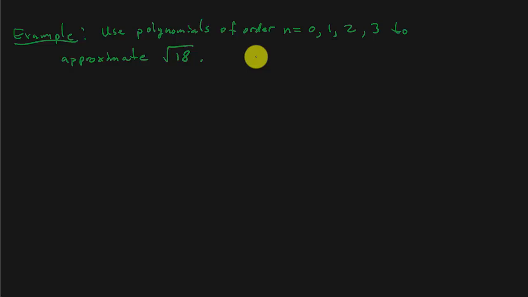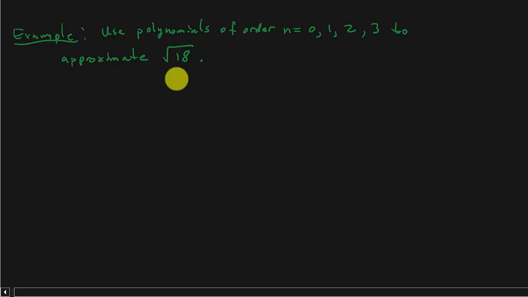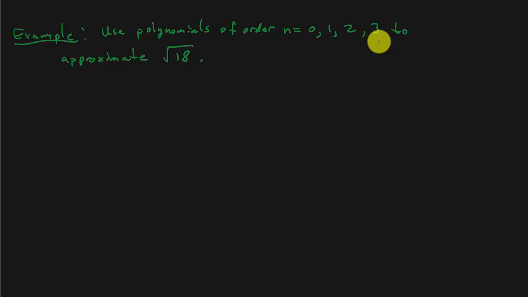They want us to find t0, t1, t2, and t3 to approximate the square root of 18. You may come across a problem that just says find t3 to approximate the square root of 18. It's just that in this problem, they want us to find 4 Taylor polynomials, and then we'll compare them and see.